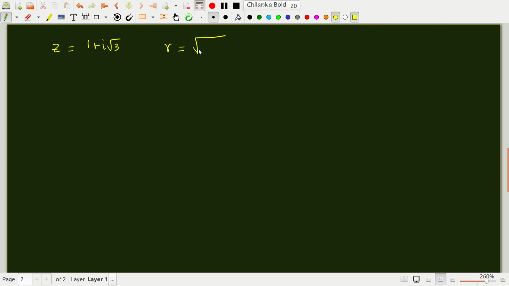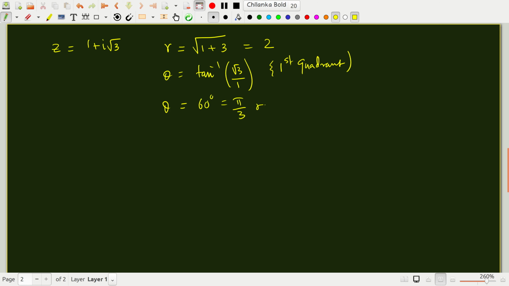It is square root of 1 squared plus root 3 squared, which is 2. Now theta is tan inverse of root 3 by 1, but the point is in the first quadrant. Therefore theta should be 60 degrees or pi by 3 radians.